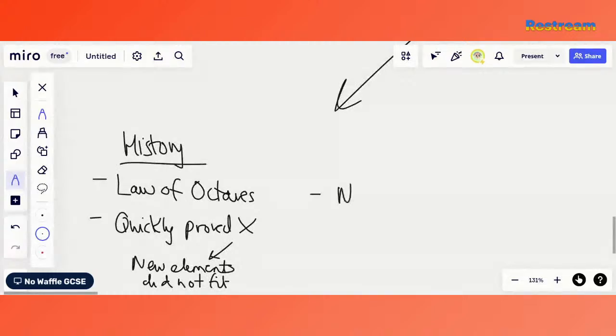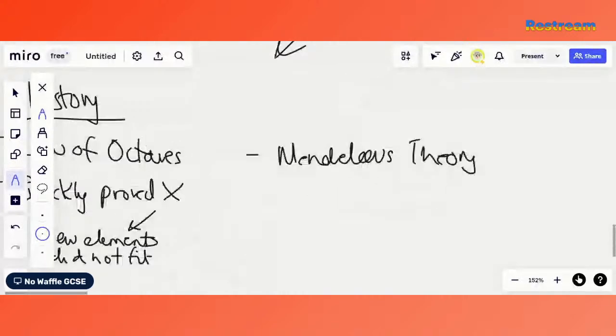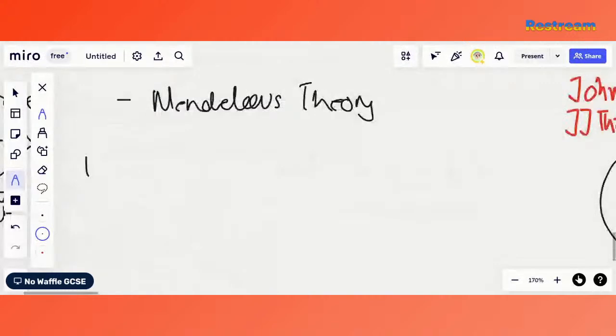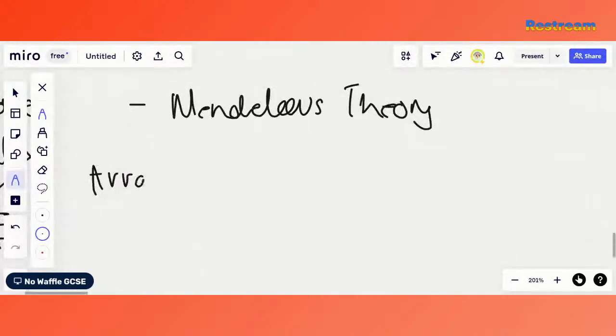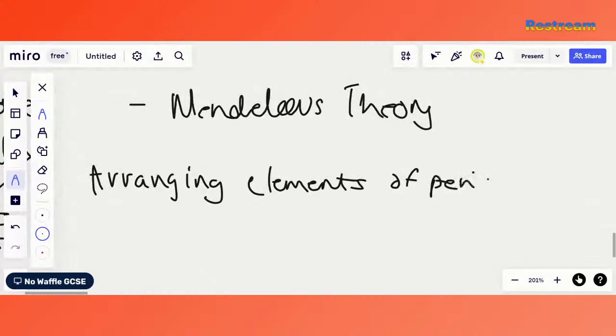Then we have Mendeleev's theory. Now, Mendeleev's theory was pretty much correct. So Mendeleev's theory was arranging the elements of the periodic table in order of atomic mass.